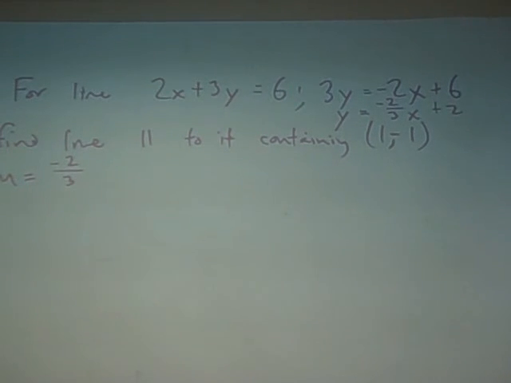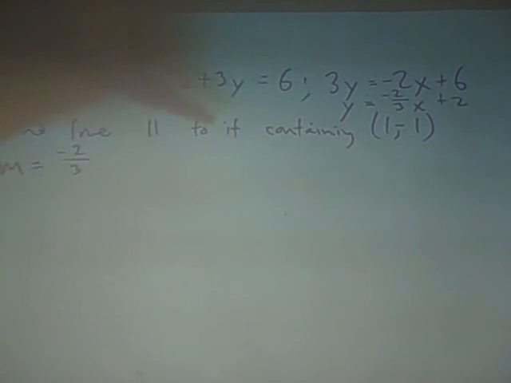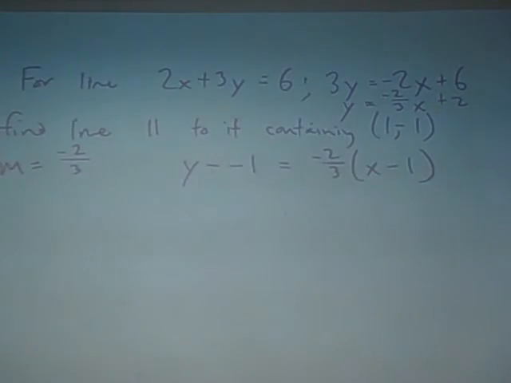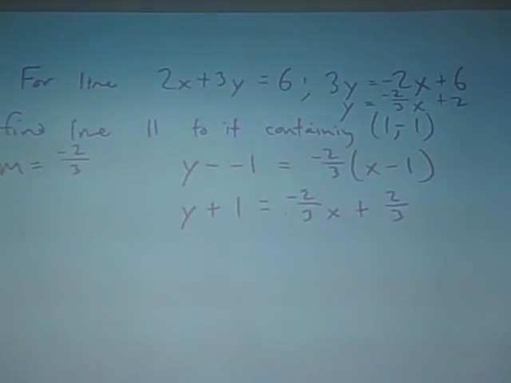And it contains the point (1, -1). So we can just go ahead and use the point-slope form. So y minus y1, so y minus -1 is equal to m, -2/3, times x minus 1. So you get y plus 1 is equal to, when you distribute, -2/3 x plus 2/3.